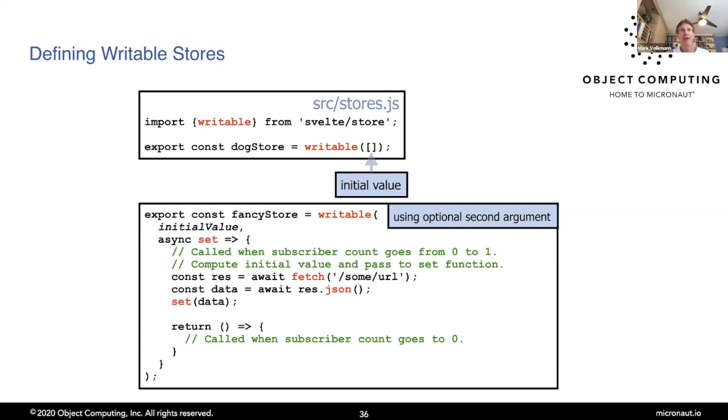Then I can extract JSON out of that. Of course, I'll want to add a little bit of error handling in there. But when I finally do get the value, I can call set, which is passed to my function. And that gives me the data in the store. So it can start off, for example, being an empty array. And then when I get the data from the REST service, I can replace that empty array with what I got back. Okay, next slide.